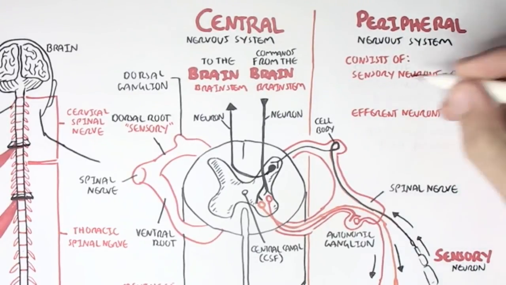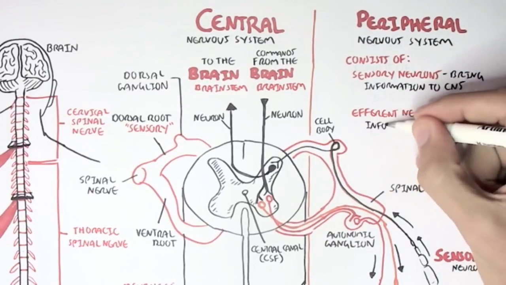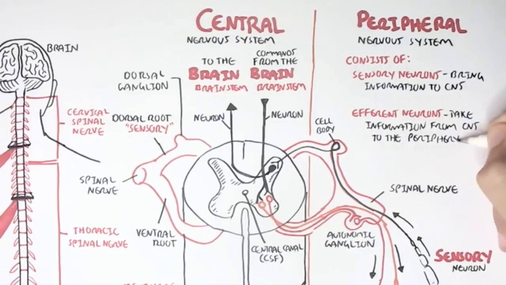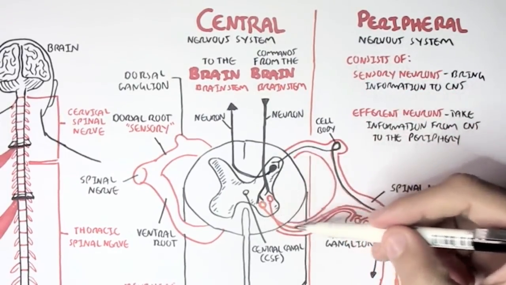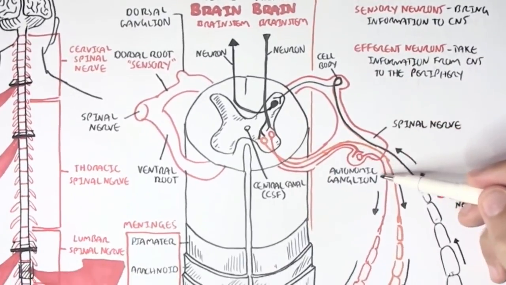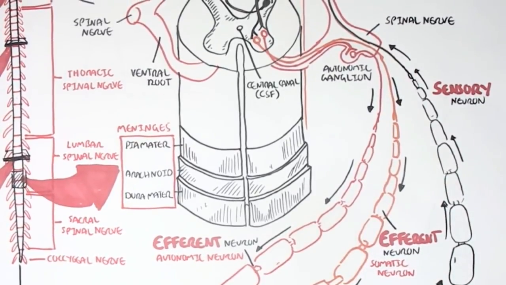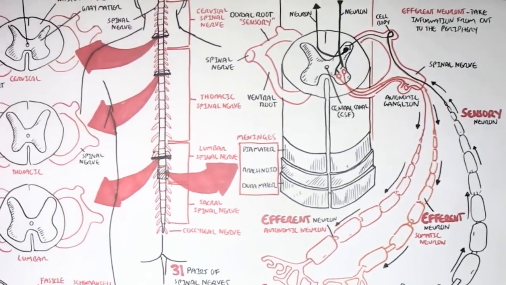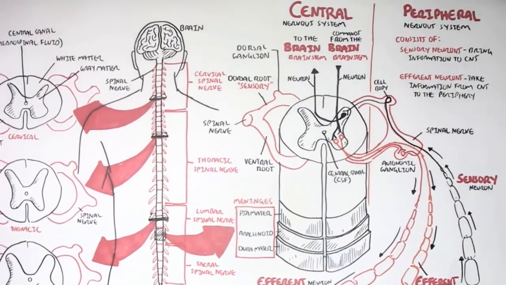The sensory neurons bring information to the central nervous system, whereas the efferent neurons take information from the central nervous system to a target cell, to a target tissue, to the periphery. So here we're looking at the efferent neurons. Commands from the central nervous system will travel via efferent neurons. Efferent neurons can be either somatic, meaning that they are voluntary, or autonomic, meaning that they're involuntary. And this all depends on what type of target tissue or cell it's going to.